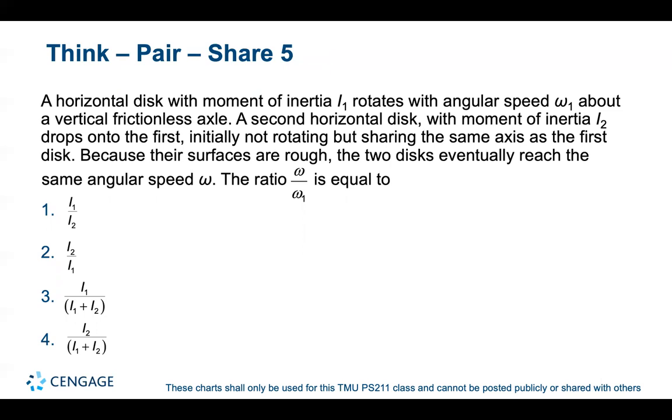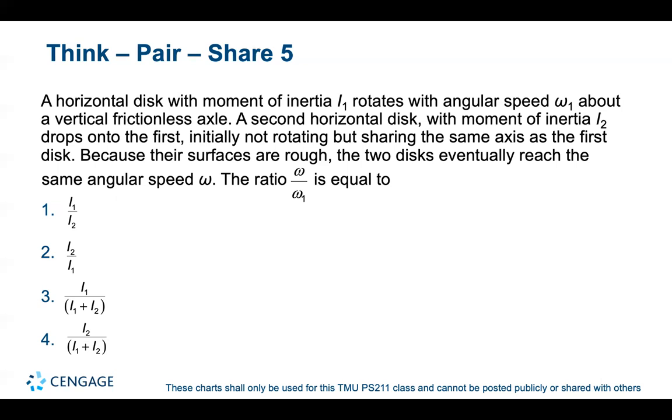So a horizontal disk with moment of inertia L1 rotates with angular speed omega1 about a vertical frictionless axis. A second horizontal disk with moment of inertia L2 drops onto the first, initially not rotating, but sharing the same axis as the first disk. Because their surfaces are rough, the two disks eventually reach the same angular speed omega.